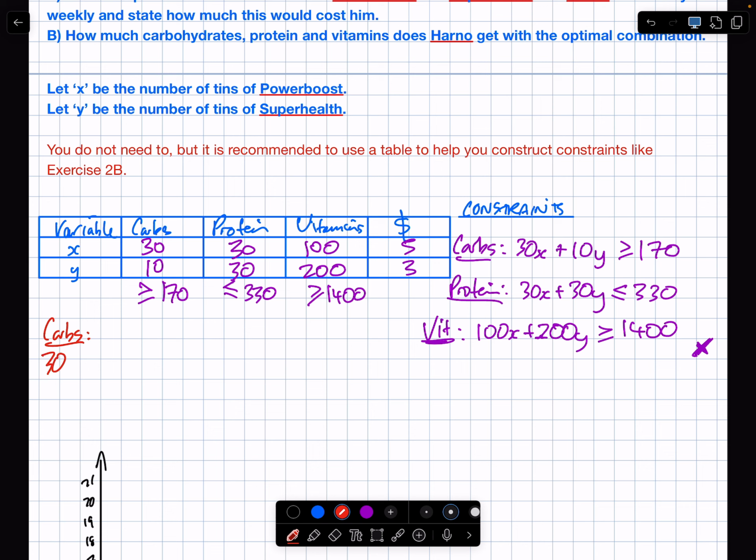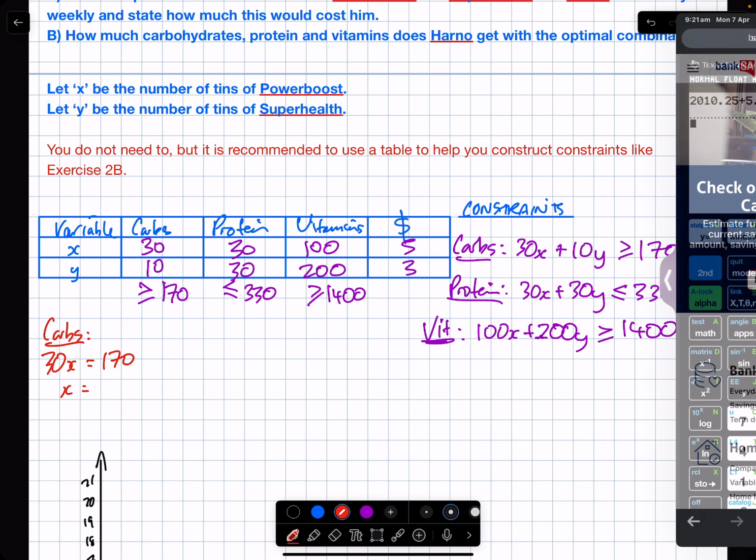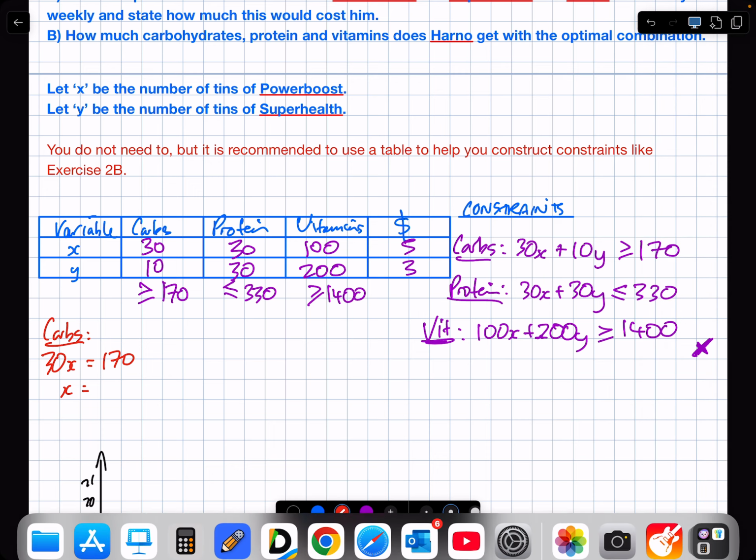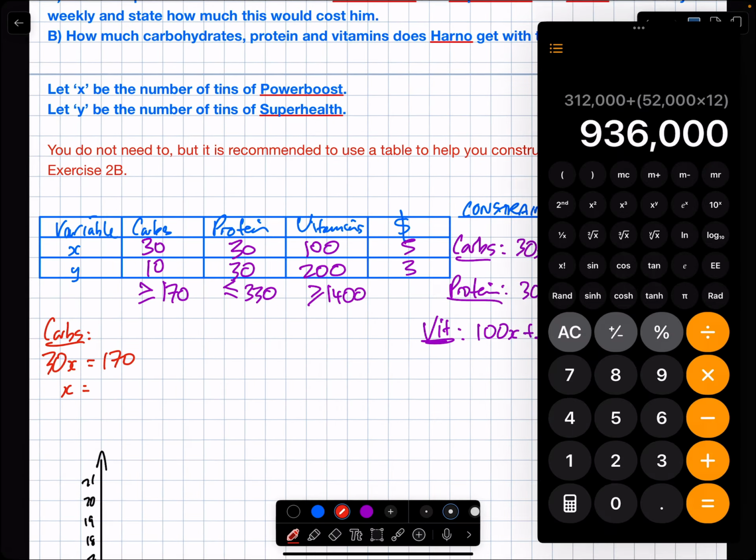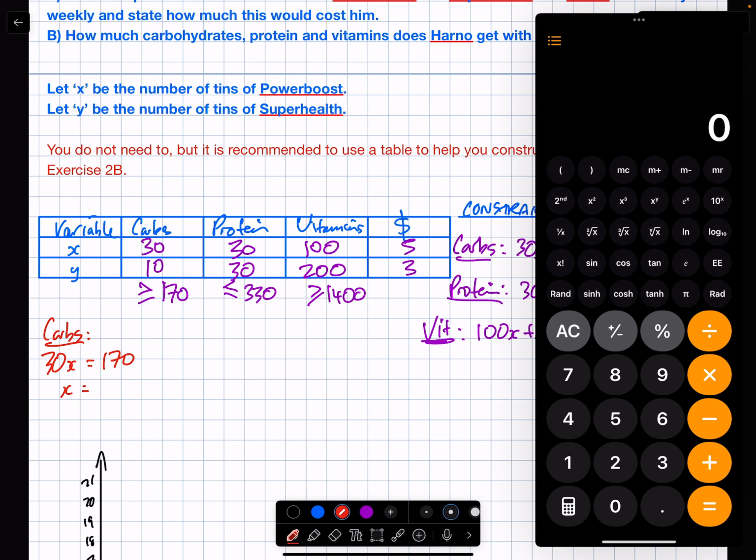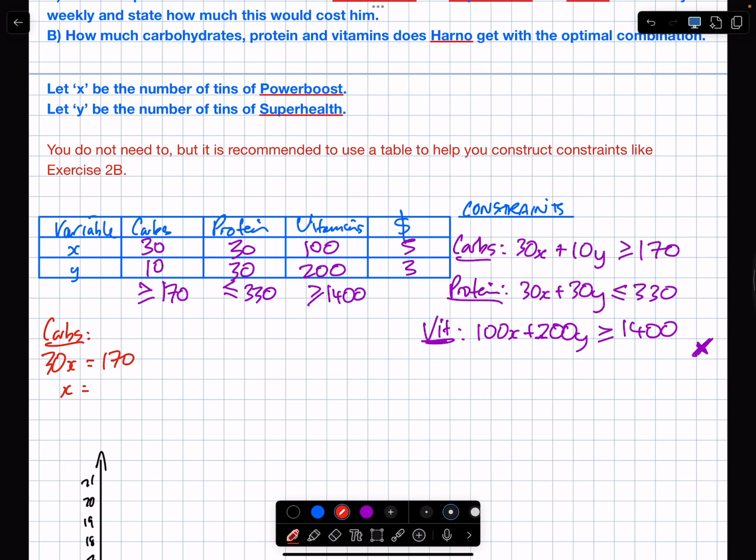So 30x equals 170. So x is going to be not the nicest number, but we'll make do. 170 divided by 30, 5.67. Y is going to be 10y is 170, so y is going to be 17.